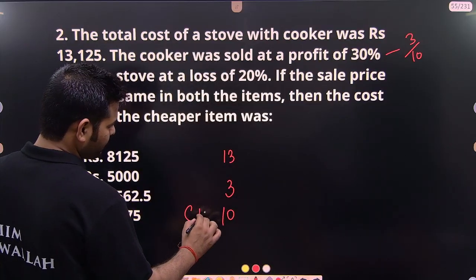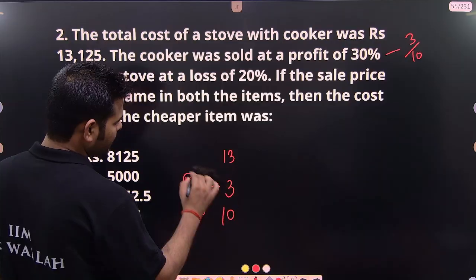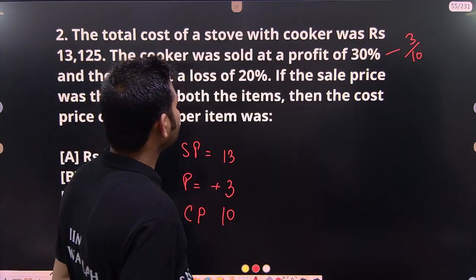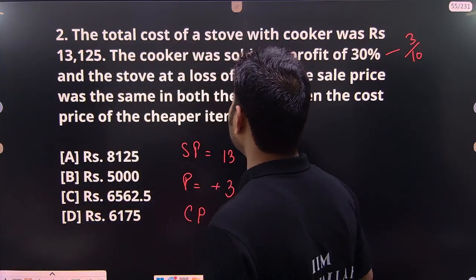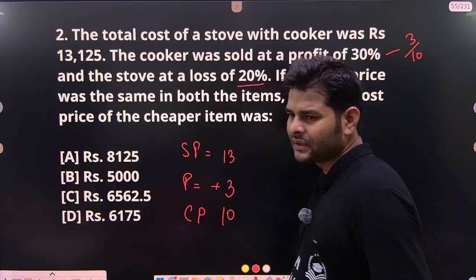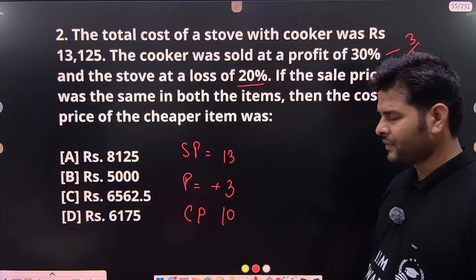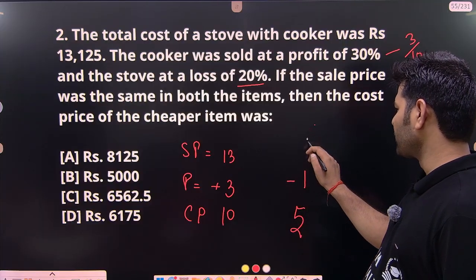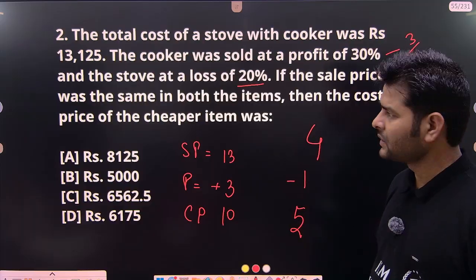CP 10, profit 3, SP 13. In the second scenario, the stove is sold at a loss of 20%. So 20% means 1 by 5. 5 is CP, 1 is loss, 4 would be SP.